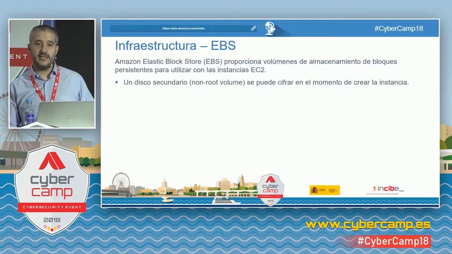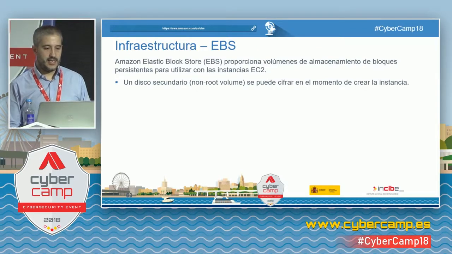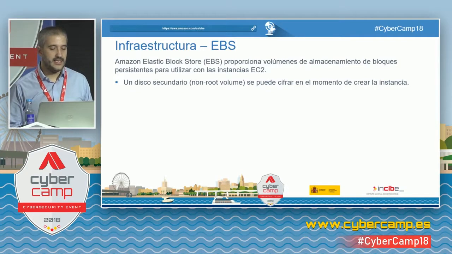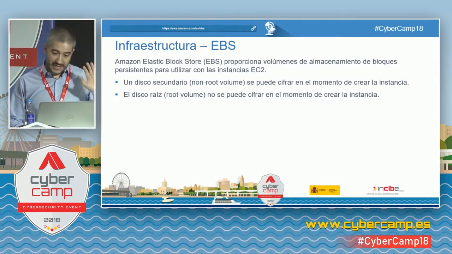When we use EBS disks, an instance needs a hard drive to work. And then you can have secondary disks so that when the machine goes live, you can decide to encrypt. So all that information will be encrypted.